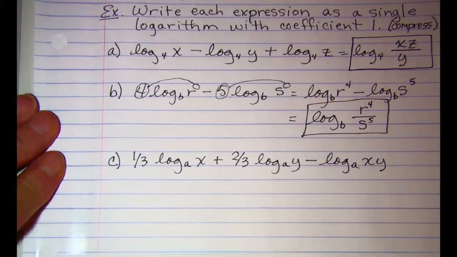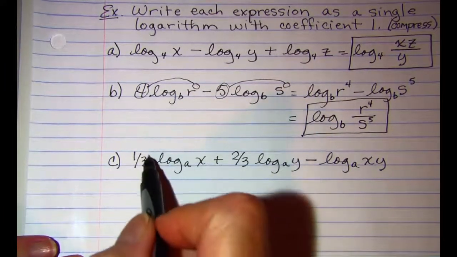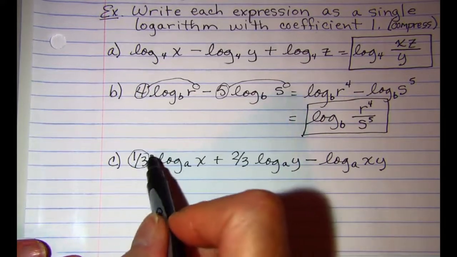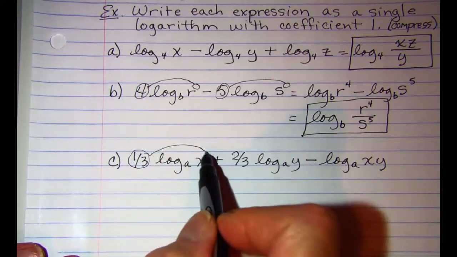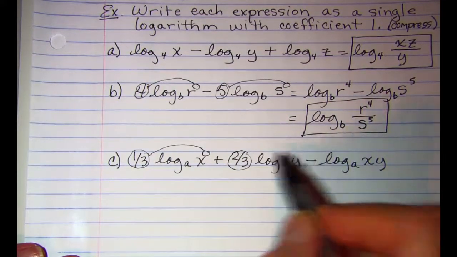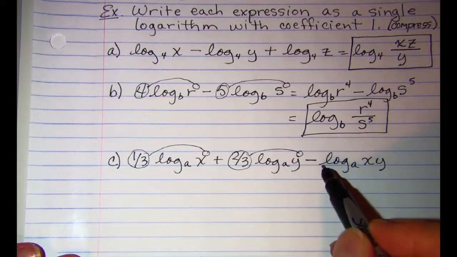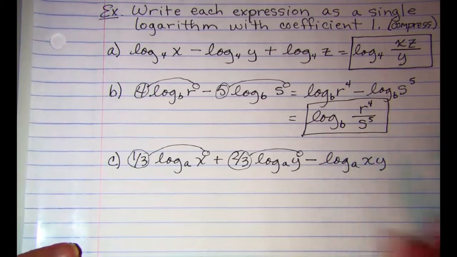In this example, I'm going to use property 3 first to take this factor and write it as an exponent on the argument. I'll do that with each of these. And this one doesn't have a factor out here.